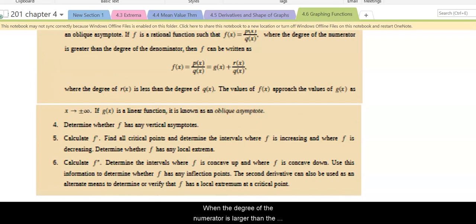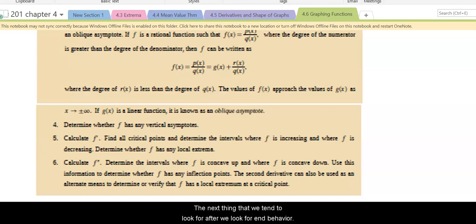When the degree of the numerator is larger than the degree of the denominator by precisely 1, there is a slanted line called an oblique asymptote that the graph of the rational function will approach as x approaches positive infinity and negative infinity. If it is more than 1 degree larger, then there will be an asymptote. It just won't be a slanted line. We will not be looking at too many of those.